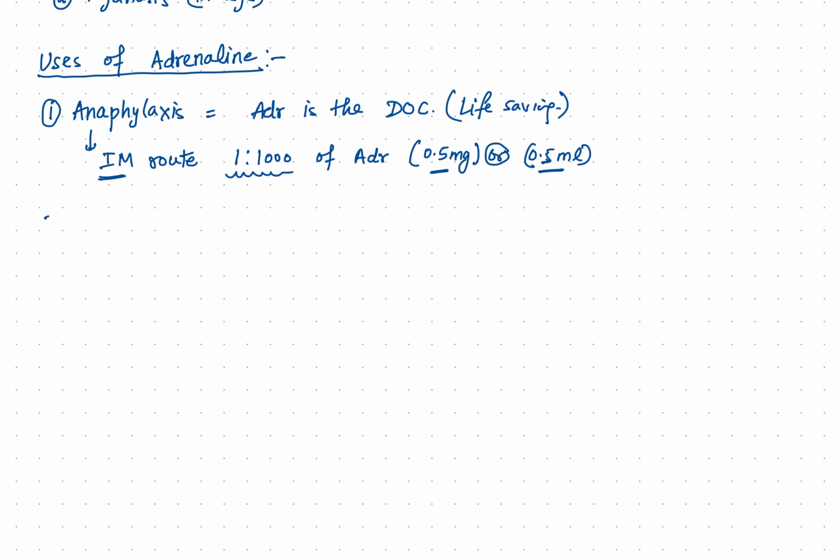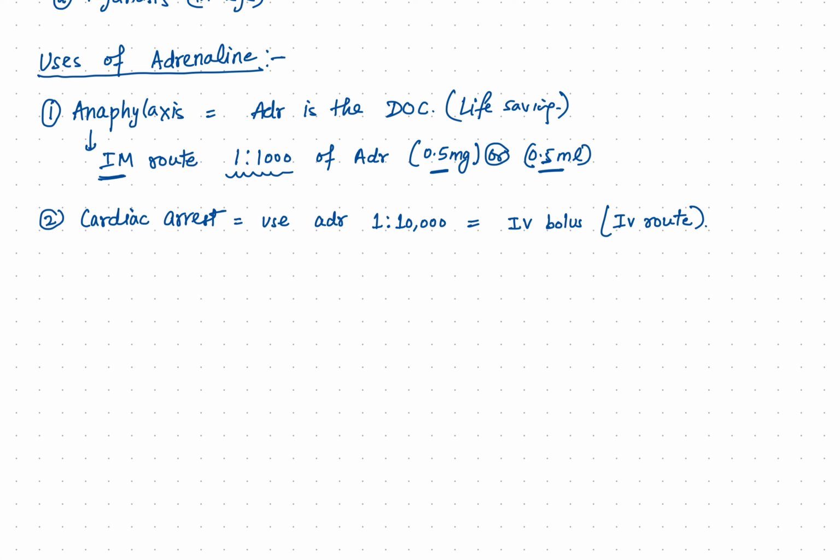Right. Second is the cardiac arrest. Very importantly, in cardiac arrest, we use ADR in a concentration of 1 is to 10,000. Why? Because we have to use IV bolus, IV route.